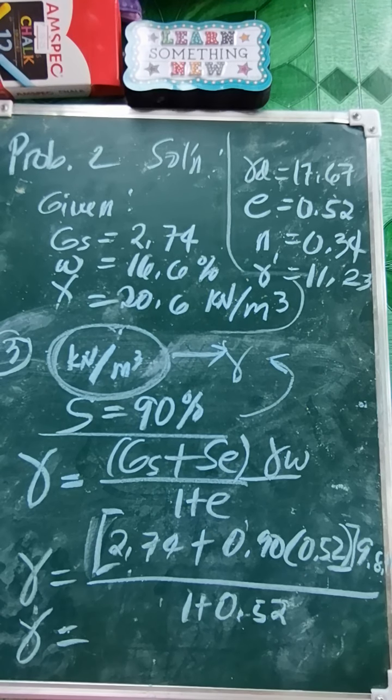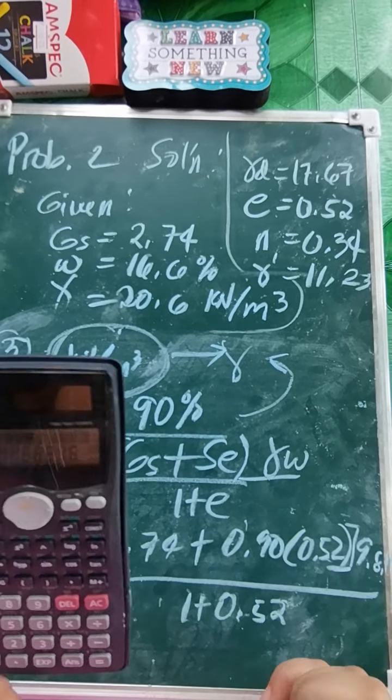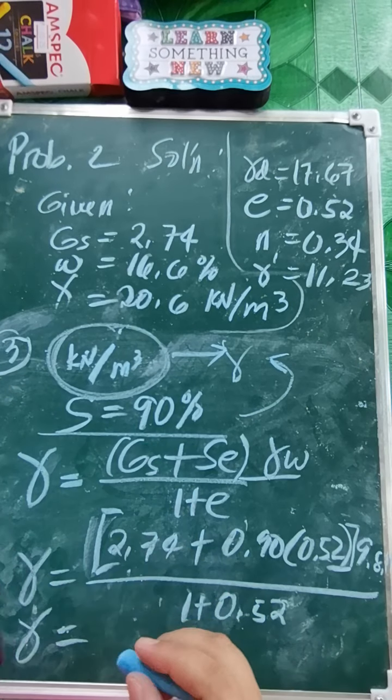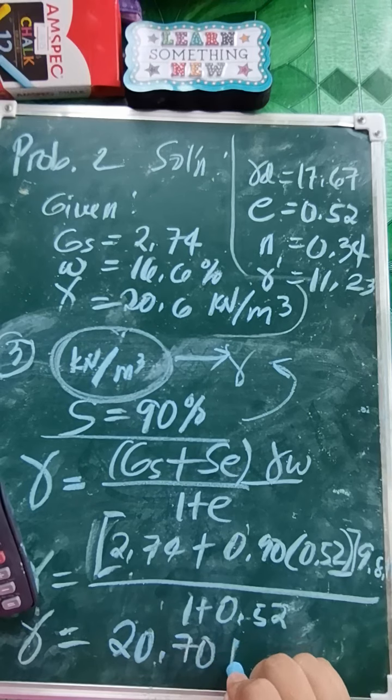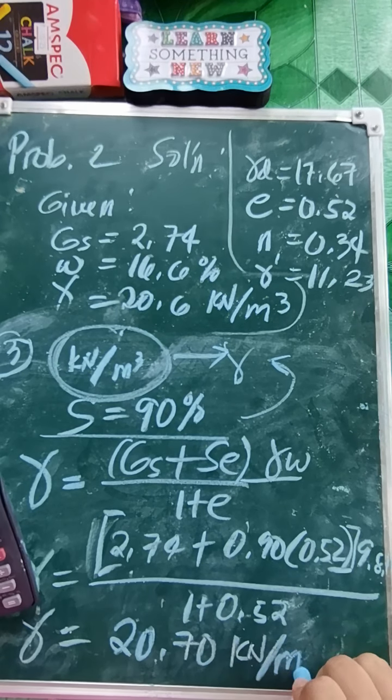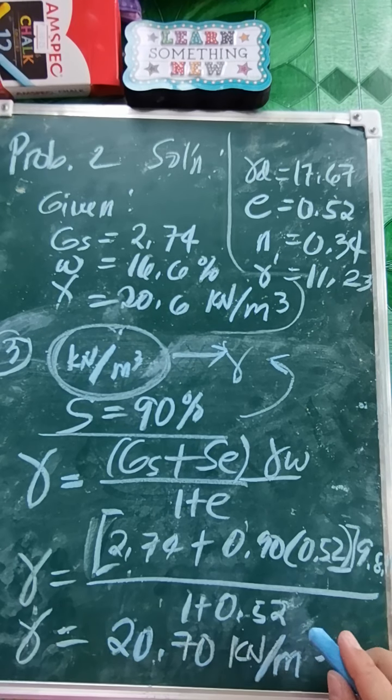So let's calculate this one. The value calculated is 20.70 kilonewton per cubic meter.